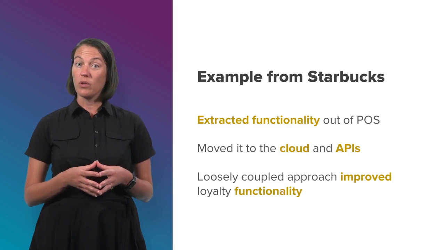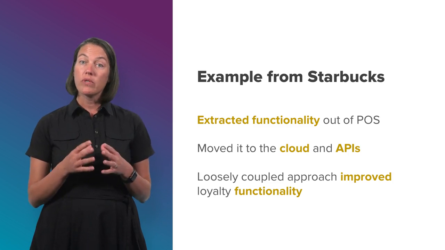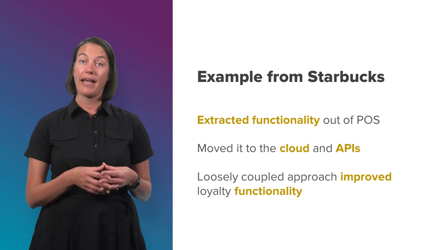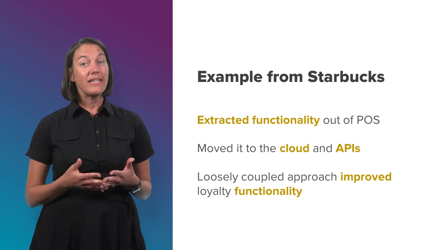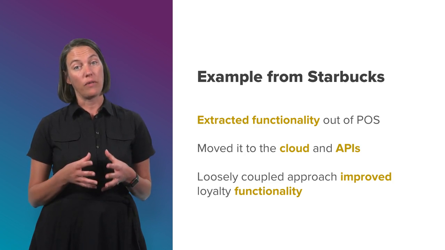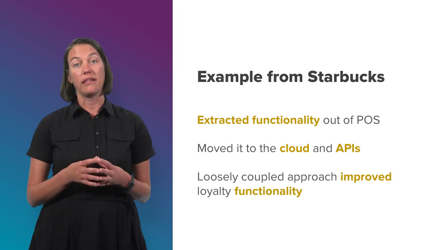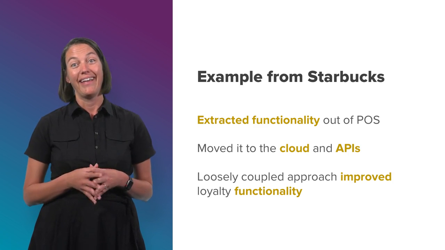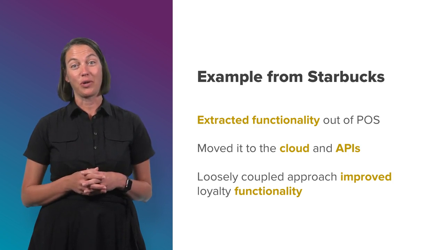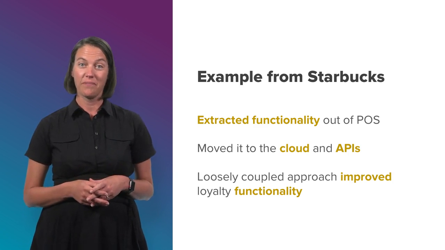One example was loyalty functionality. Most of the rules for applying rewards happened in POS. We decided to move that functionality out of the POS and broke it down into components that could be called and leveraged independently. It also allowed us to scale the rules across all customer touchpoints.